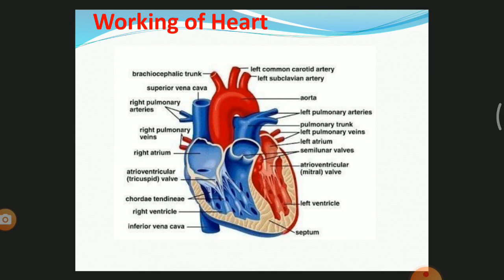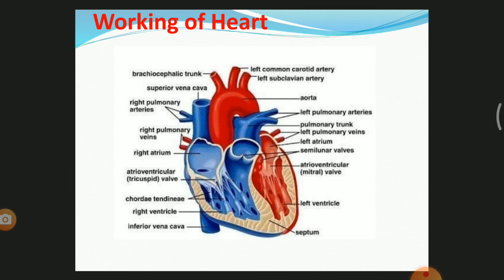When the right ventricle contracts, the blood enters the pulmonary arteries, and the pulmonary arteries supply blood to the lungs for purification.